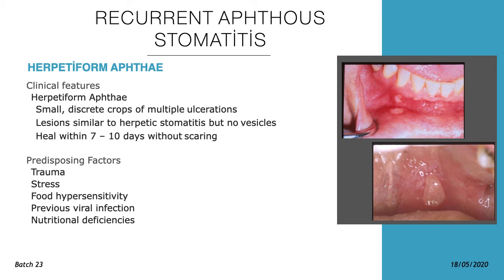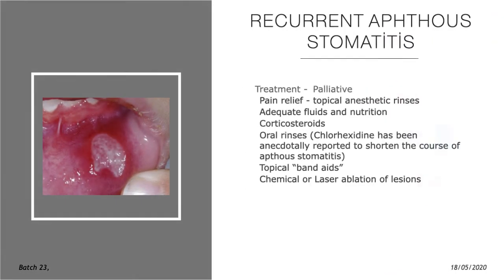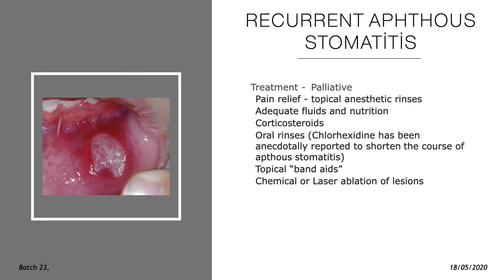So what may be the predisposing factors? Again, the predisposing factors may be trauma, stress, hypersensitivity to food, previous viral infection, or nutritional deficiency. So what treatment are we going to give? Again a palliative treatment, pain relief. Pain relief is the most important treatment in aphthous stomatitis.